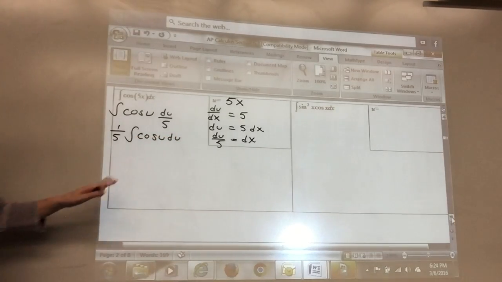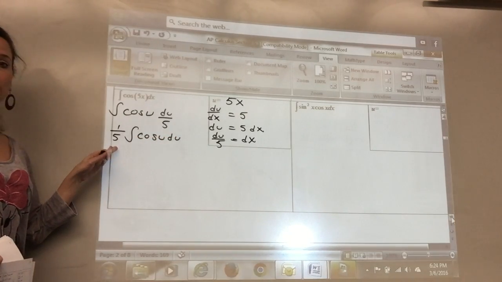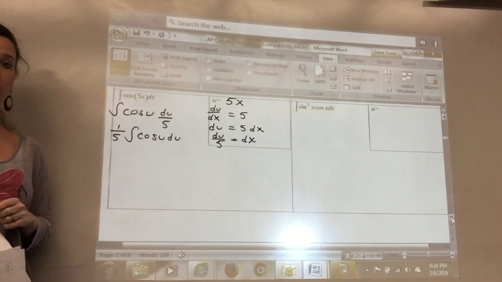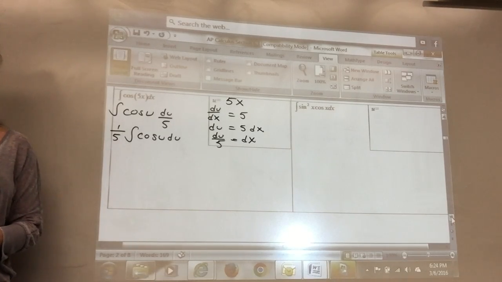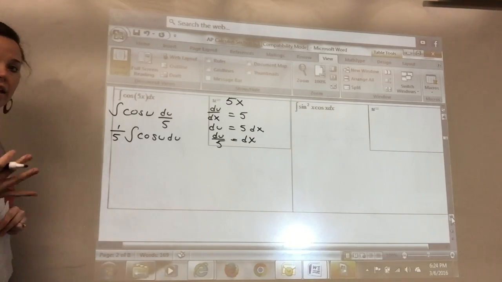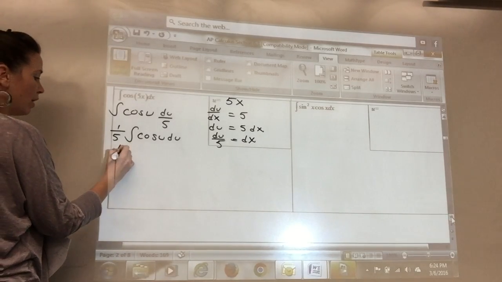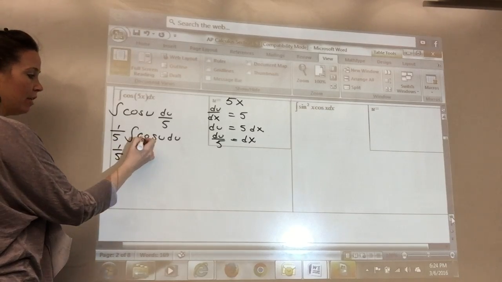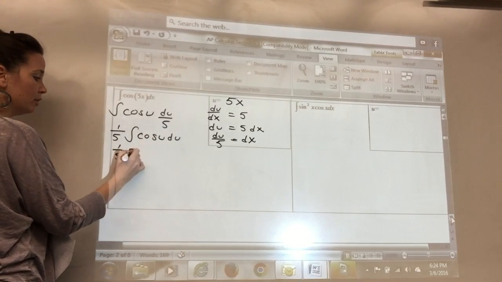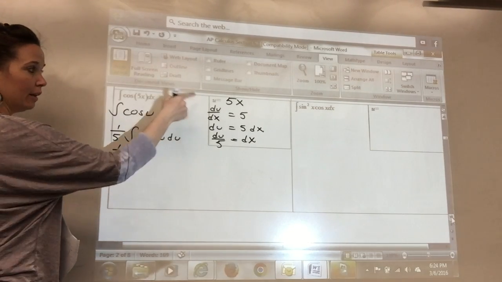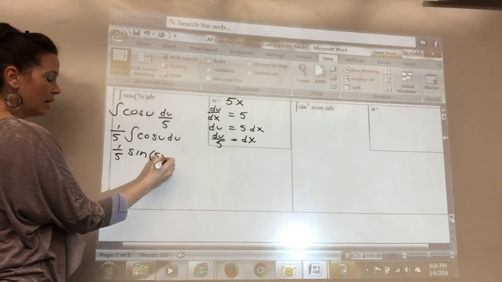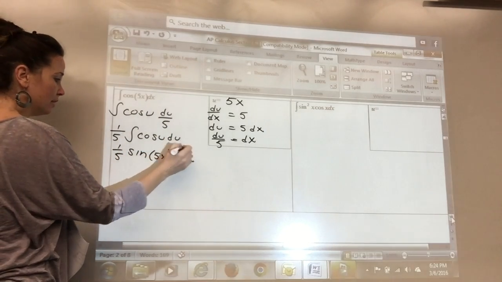Okay, and that's definitely a worthwhile step to take because I think that's a little bit more clear to see. And then we have to take the integral of cosine, and the integral of cosine is sine. So I have 1/5 times the sine of u, and again, u is really 5x. And then I have my plus c.